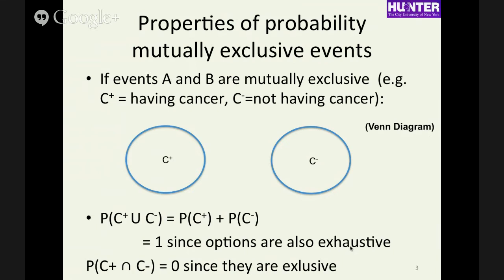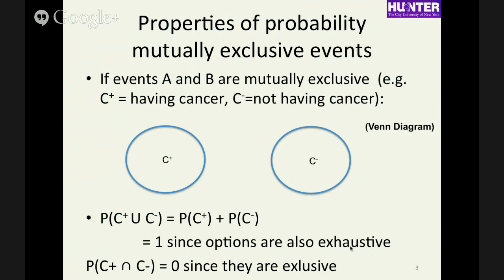So mutually exclusive events. These are events where either one can happen or the other happens, but it's not both. So in the case of whether an individual has cancer or not at a given time, according to the gold standard, it's a yes or a no. And the fact that they're mutually exclusive, we can represent in a Venn diagram like this by two circles that don't overlap.